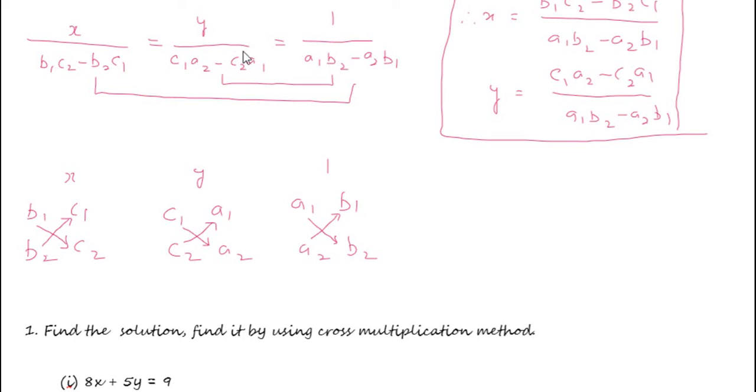Once you can write this, I'm sure you can write the solutions for x and y. Since this looks like cross multiplication, this method is known as the cross multiplication method.